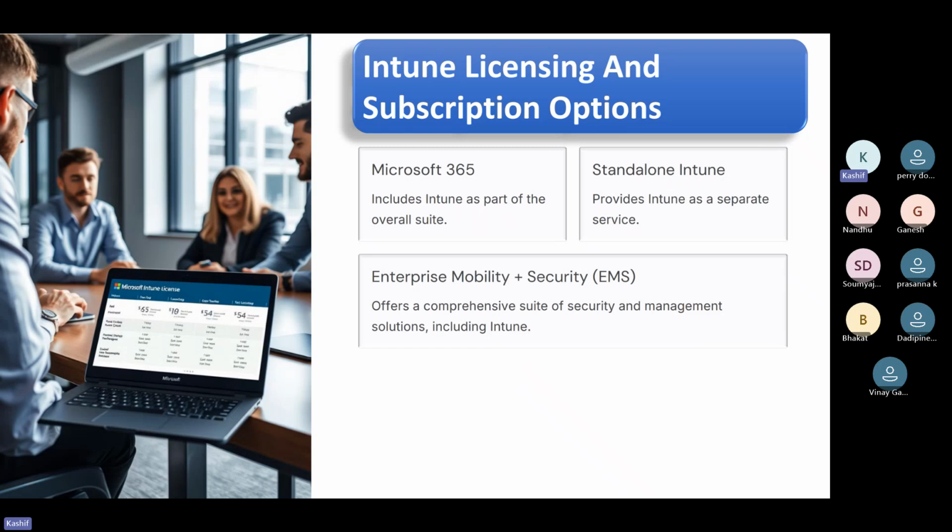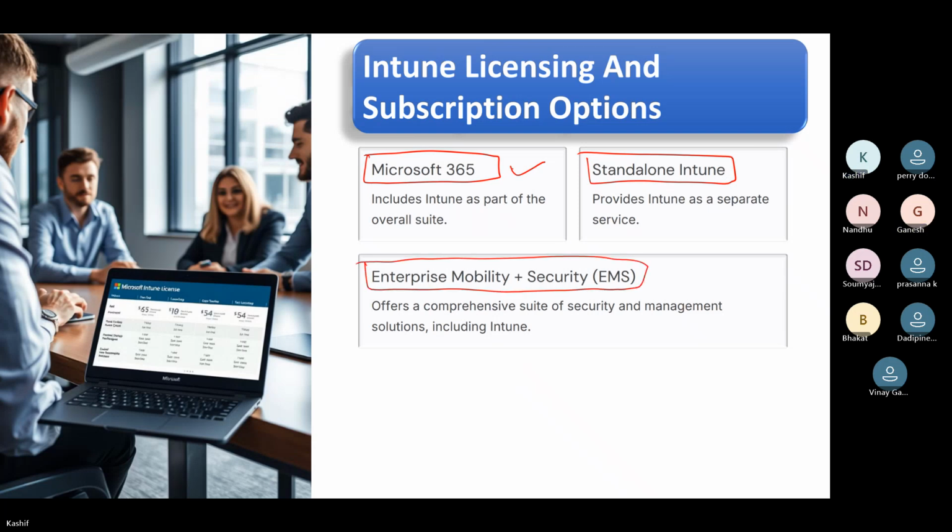Okay. Next point is the Intune licensing. Intune is not free. You will have to pay for it. So either you take a Microsoft 365 license or a standalone license or Enterprise Mobility plus Security. So these licenses are there. You can take any one of them, right?